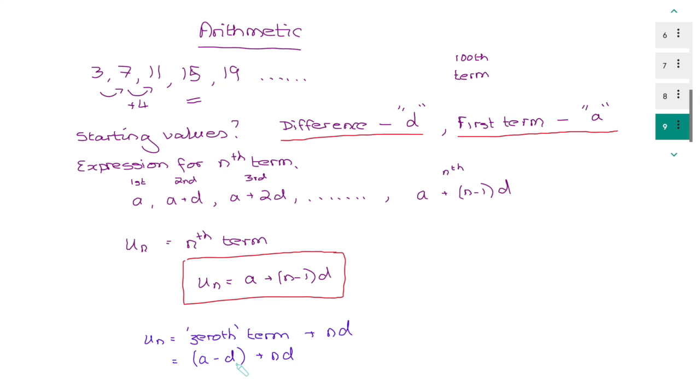So if you just collect your D terms, you can see that this is the same as A plus n minus 1 D. So I don't like this, but I've seen it explained like this in a couple of GCSE books.